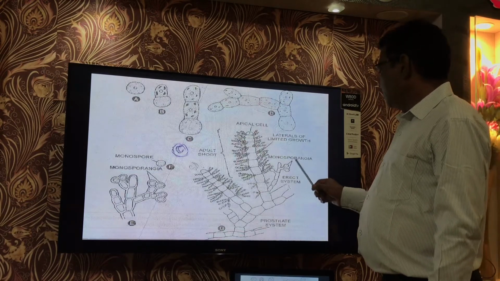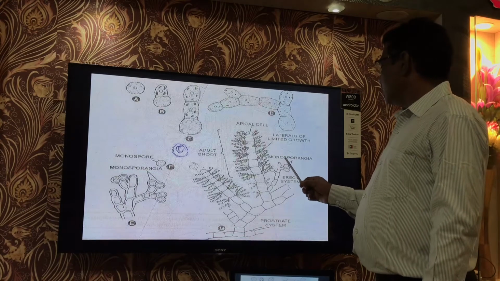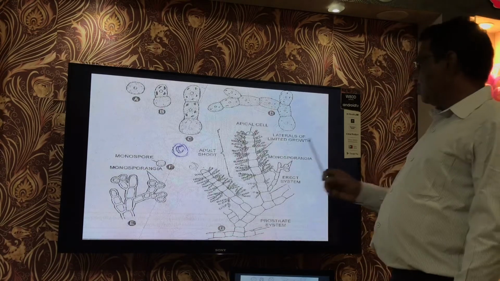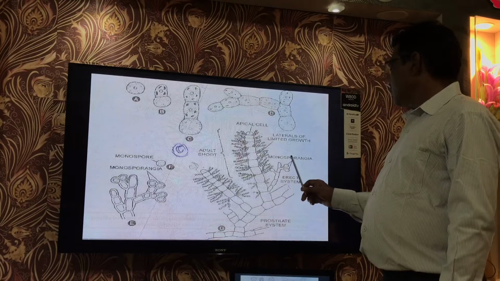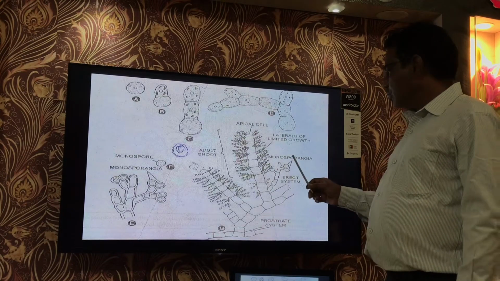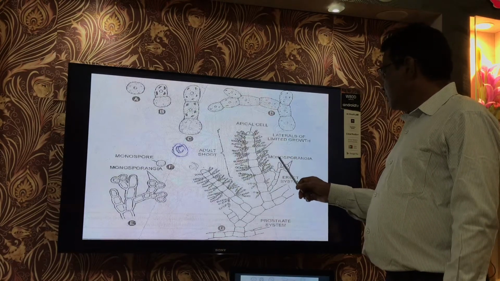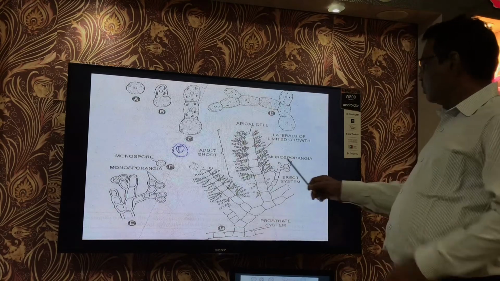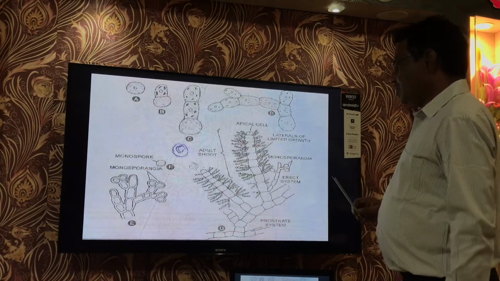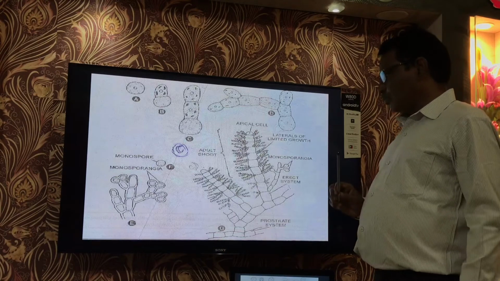The name itself indicates that each structure is producing a single spore. Mono means one, sporangium, that is producing spore. So each such sporangium that produces a single spore is called a monosporangium, plural monosporangia.